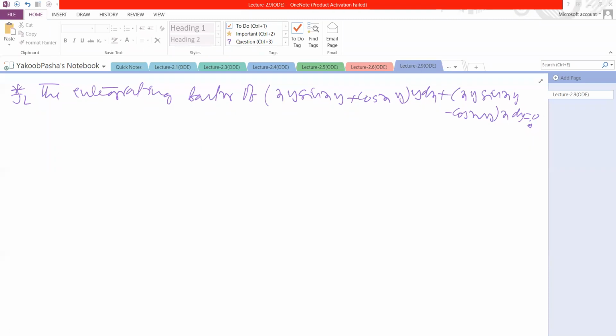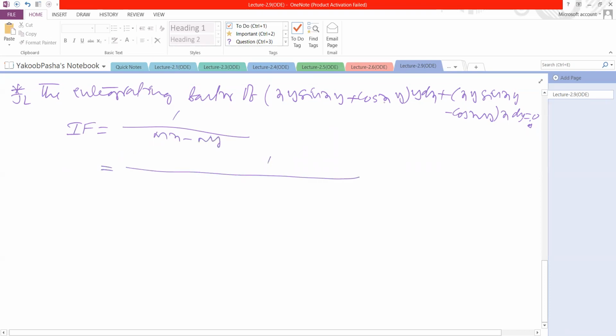So I'm writing here the M value. This is the M value, this is the N value. Here y is common, here x is common. So the integrating factor formula is 1 upon Mx minus Ny. This is equal to 1 divided by, you can multiply here x, so x square y square sin xy plus xy cos xy, first term, minus second term, x square y square sin xy minus xy cos xy.